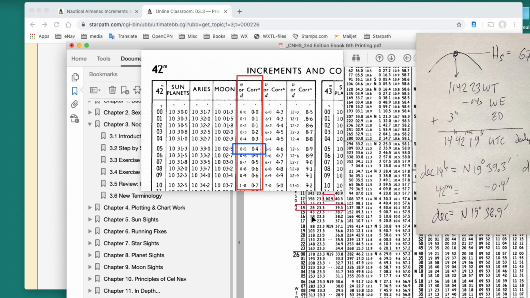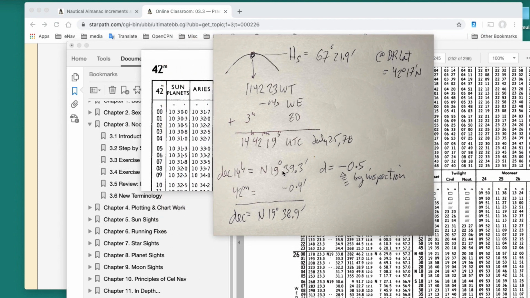The question is, what is it at 14 hours 42 minutes? And the answer is it's dropped 0.4. So we take 39.3 minus 0.4. There's the declination of the sun at 14 hours 42 minutes: 19 degrees 38.9.